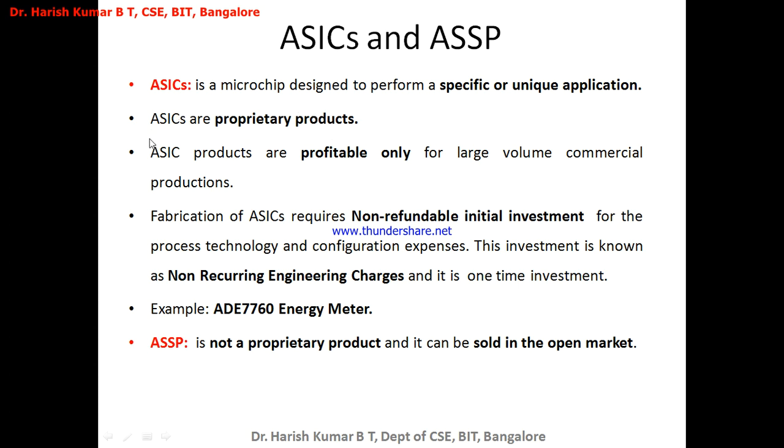One more important thing is that ASIC products are profitable only if the customer is buying them in large volume. If these products are not bought in large volume, then they are not profitable, because they cannot be sold in the open market to other users.